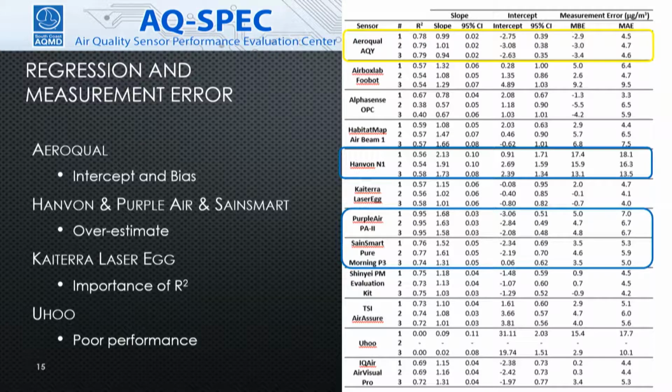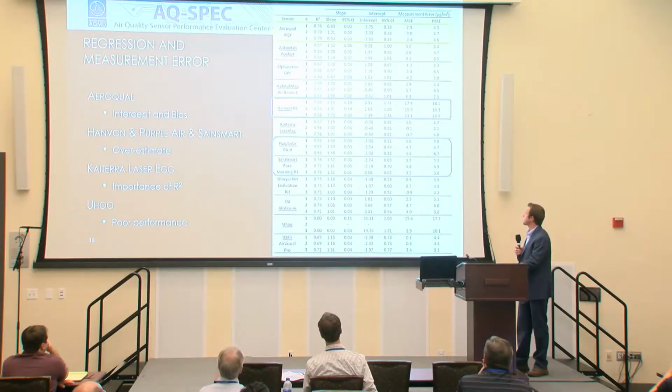We move on to these three sensors, which we'll group together in blue. These three sensors tend to overestimate the BAM concentrations. Some of them have good R-squares, 0.9, some of these 0.5, 0.7. But if you look down the slope column, you can see some of these have a slope of 2, so they heavily overestimate PM 2.5 concentrations on a two-month evaluation at our Rubidoux air monitoring station.